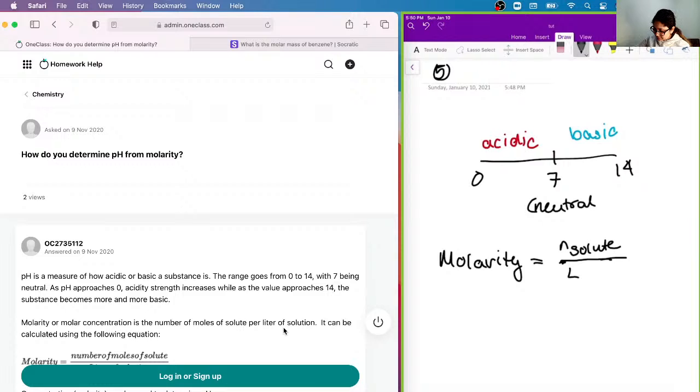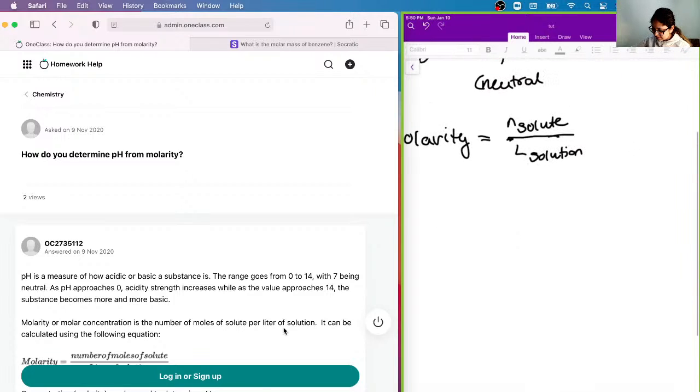And it can be calculated by this formula. And so concentration is also known as molarity, so you can say this is equal to concentration. And so this can be used to determine pH.